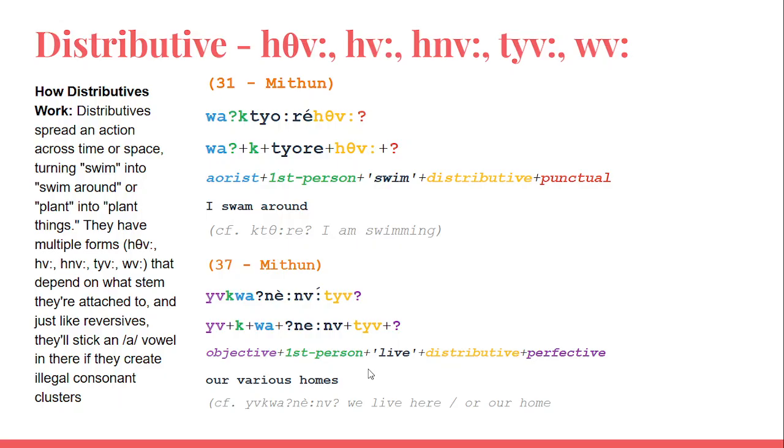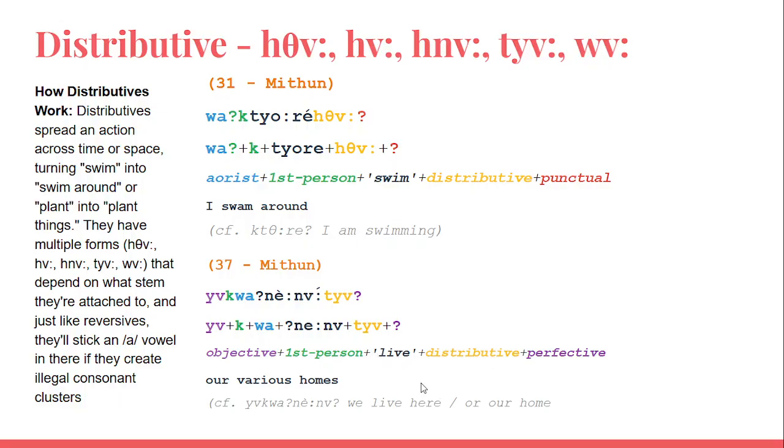they're using the distributive essentially to make this word plural. So you already have an object, right? Us as an object, and then instead of using the stem for a house, like their home says, they're using the stem for living.